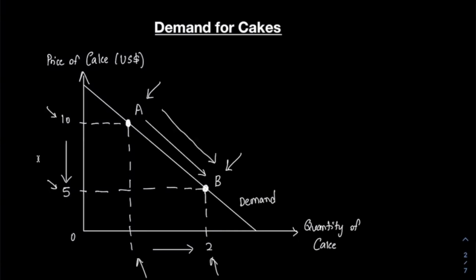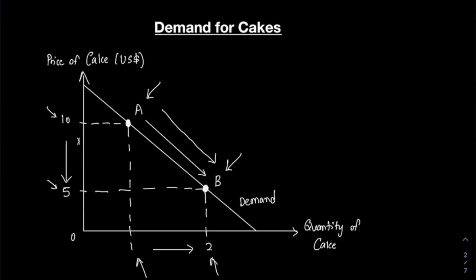So the bottom line is, we observe a movement along the demand curve when there is a change in price. Because when there is a change in price, the consumer may then increase their willingness and ability to consume more or consume less of that good. And the key idea to take note of here is that it is the changes in price that causes any changes in quantity demanded, not the other way around.